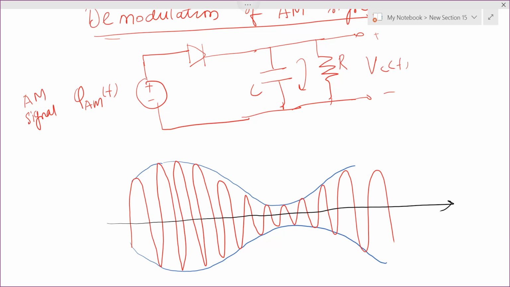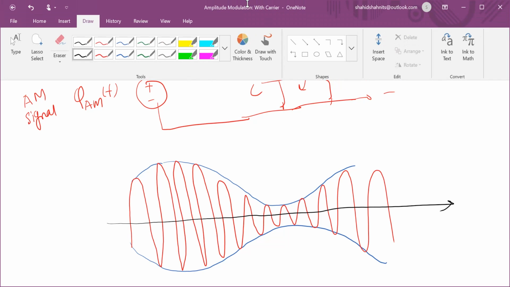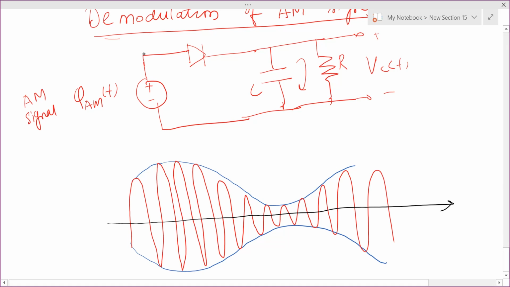I will now mark it with, let's say, green color. Suppose this is the start of the signal. Before this, the diode is reverse biased, so it will not allow this part. From this part onwards the diode is forward biased.